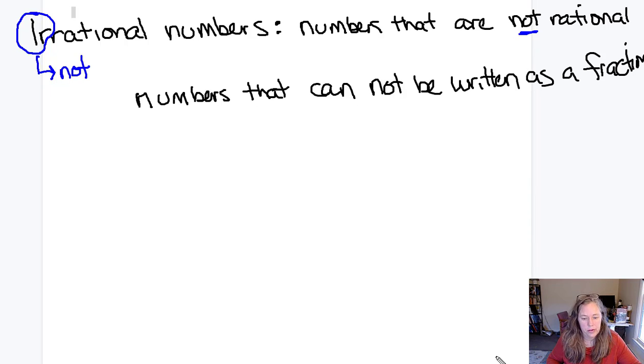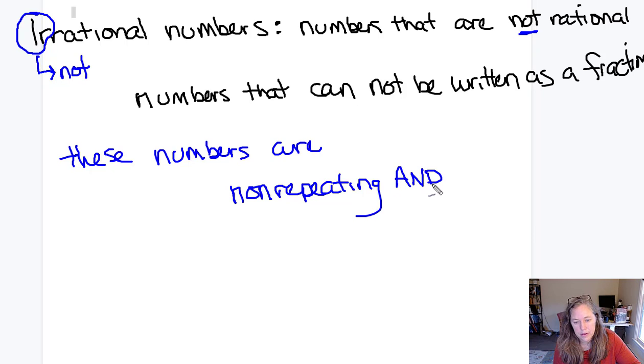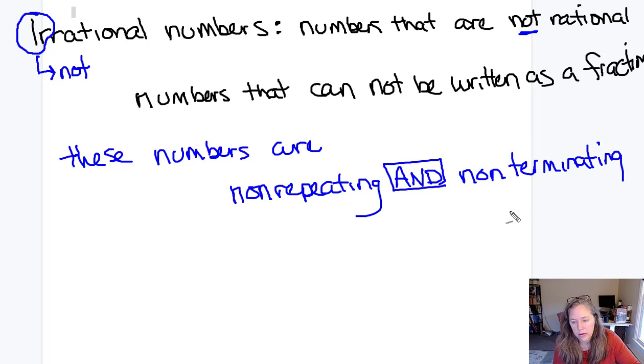And these numbers are non-repeating and at the same time non-terminating decimals.